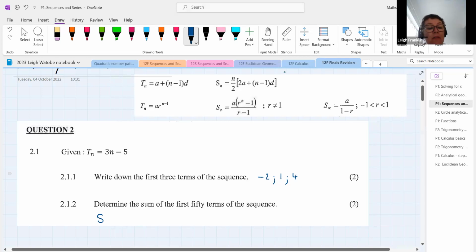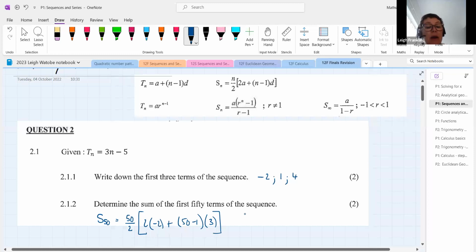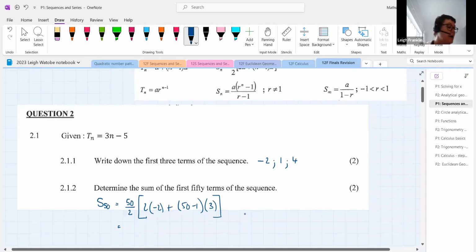The sum to 50 is equal to 50 over 2 into 2a, which is -2, plus n minus 1 times our difference. In this case, our difference would be 3. And we can pop that in. What are you guys getting as an answer?